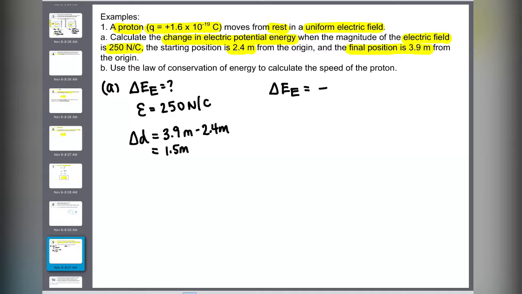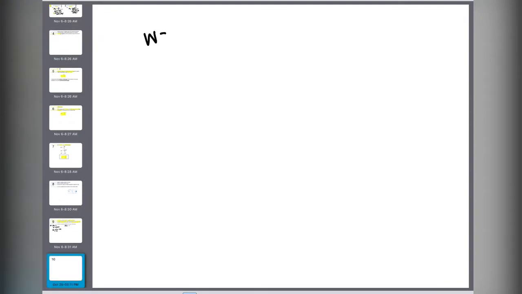You've got so many equations. I don't know if you want to sum it all up from the pages. I know that work is force times displacement, and that force is Q epsilon. Delta EE could be negative or positive.